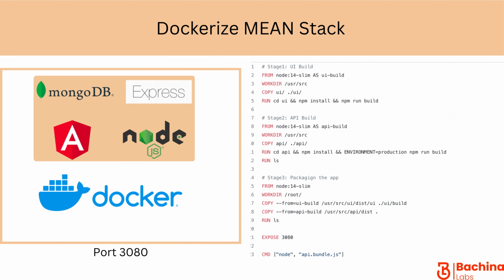We are putting only the output, the static assets, and the bundle file from the API, and the static assets from the UI, and we are only using those. We are not using any dependencies. We are not using any code which is not related to the final output. So in stage 3, we are using only those, and with those we are running the app with the last command.